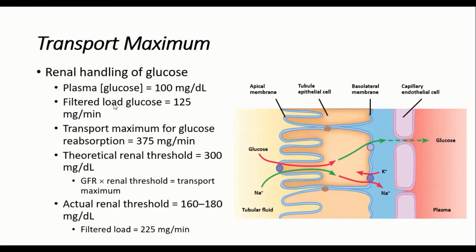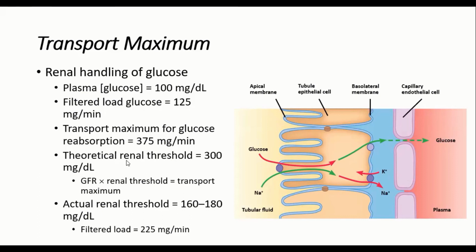Our usual filtered load for glucose is 125 milligrams per minute because the glomerular filtration rate is 125 milliliters per minute. Usually that's below our transport maximum for glucose, because our transport maximum is 375 milligrams per minute.